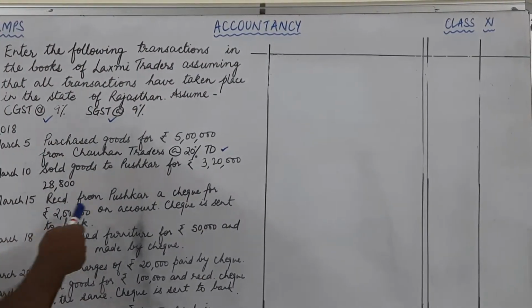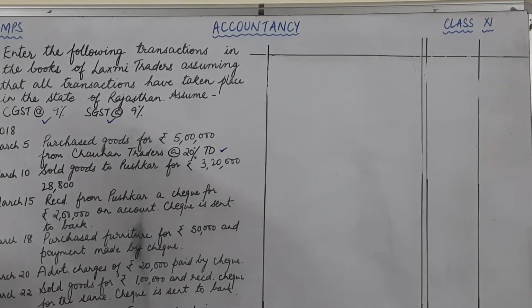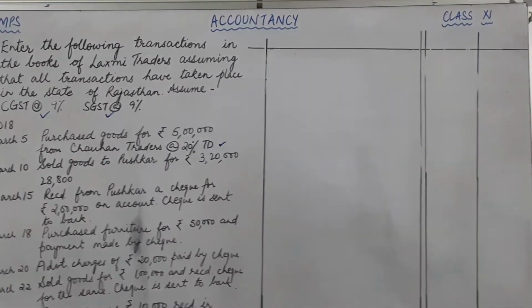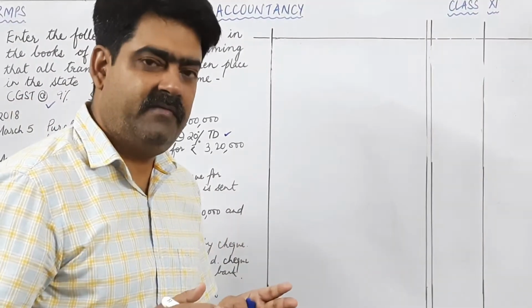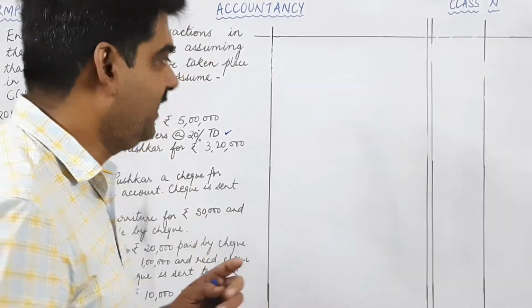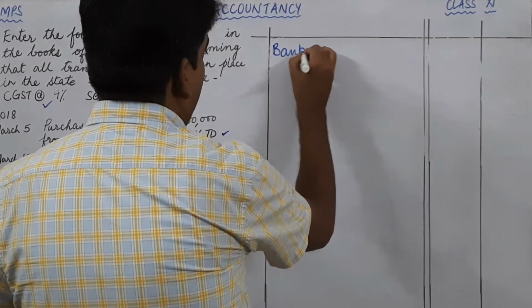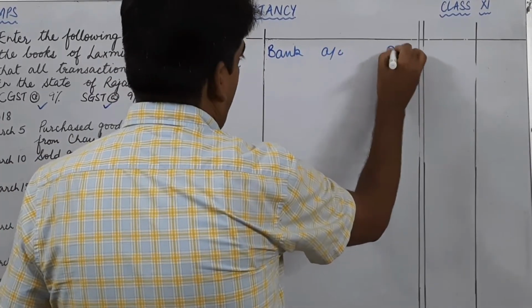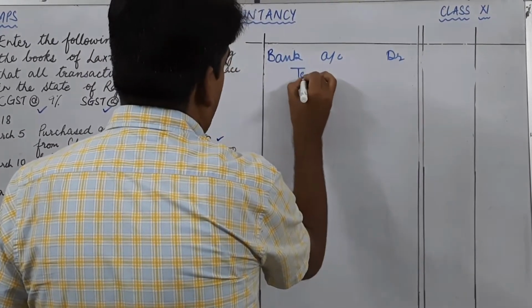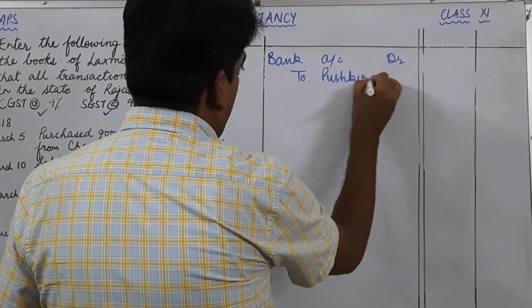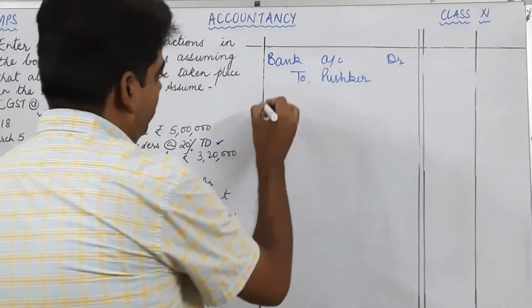Received from Pushkar a check for rupees 2 lakh on account, and check is sent to bank. So simply we are receiving a check from Pushkar and we are depositing this check into the bank. So bank balance will increase. That is why bank account will be debited. And we are receiving this check from Pushkar. So to Pushkar, because Pushkar is giver of this check.